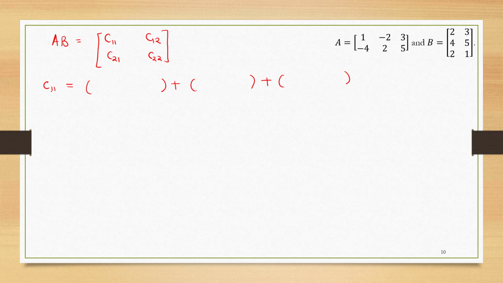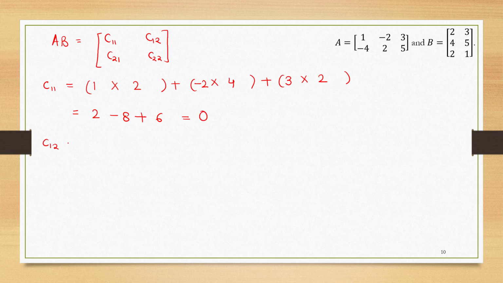First row of A, that is 1, minus 2, 3, and first column of B, that is 2, 4 and 2. Now calculate, we get 2 minus 8 plus 6, that is 0.